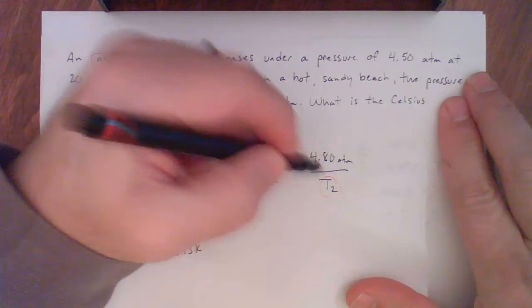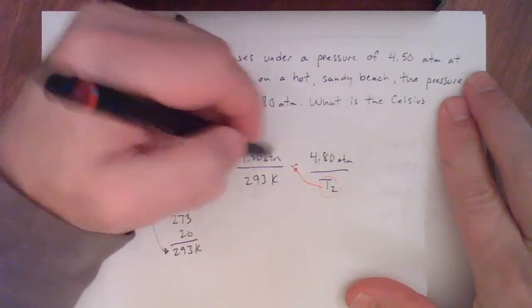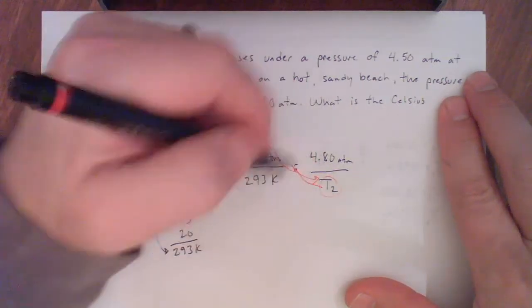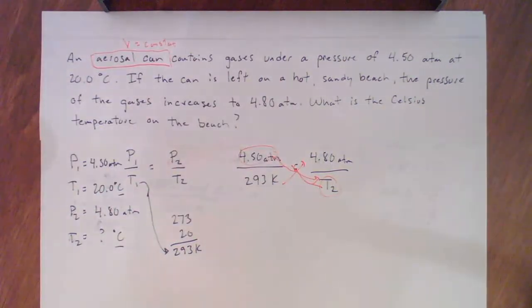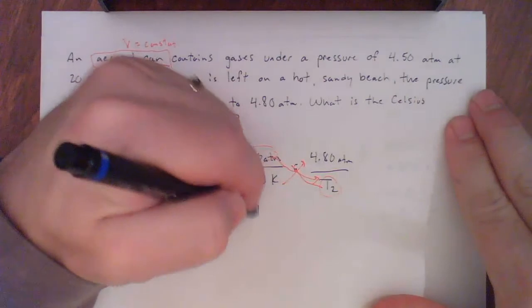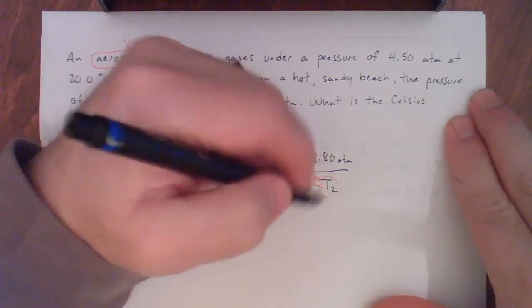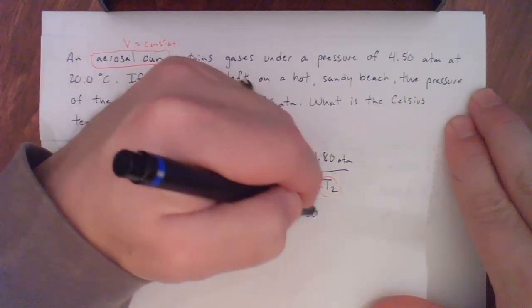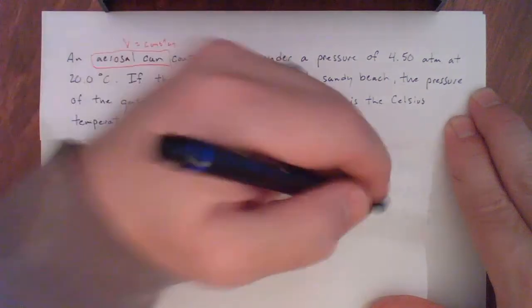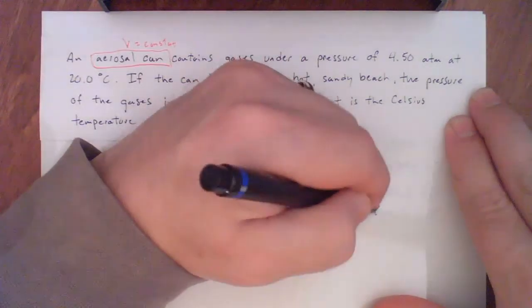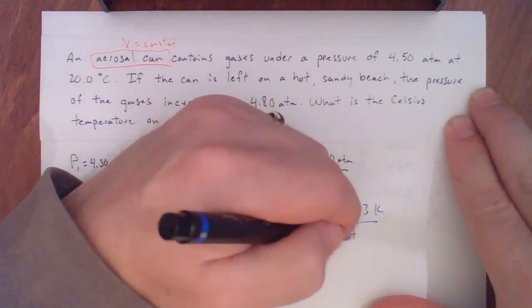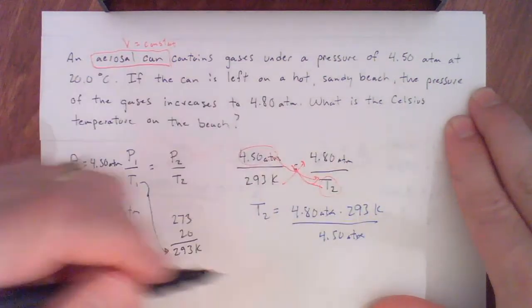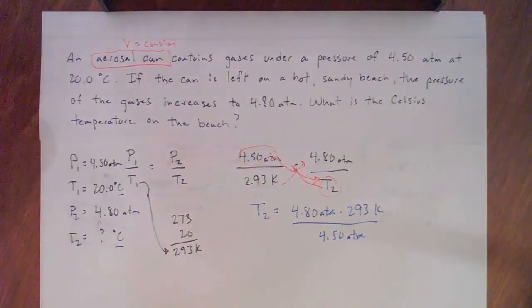So remember that this temperature is going to go up, this pressure is going to go down, and this temperature is going to go up. I'll rewrite it so I don't get it wrong. T2 equals 4.80 ATMs times 293 Kelvin divided by my 4.50 ATMs. ATMs cancel. We're going to get an answer in Kelvin.